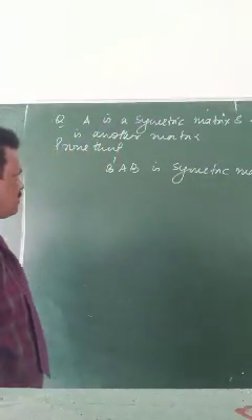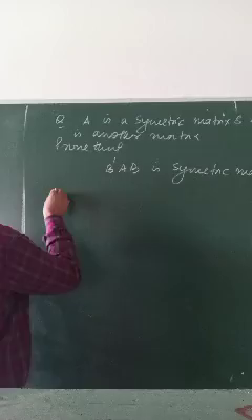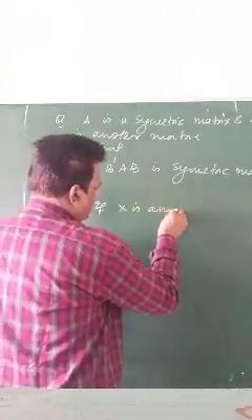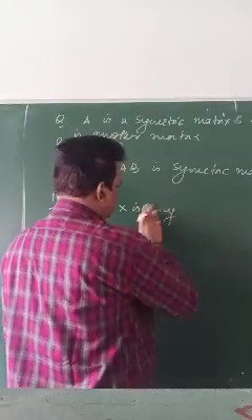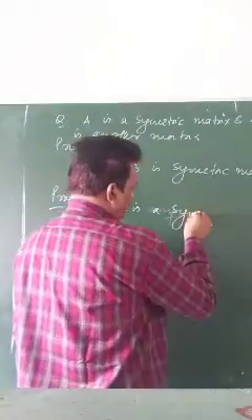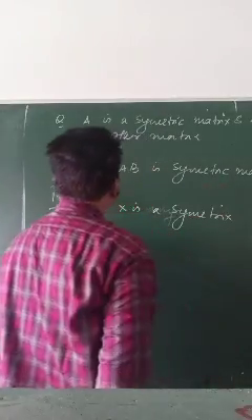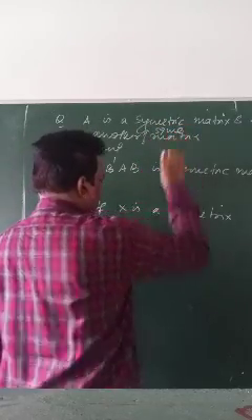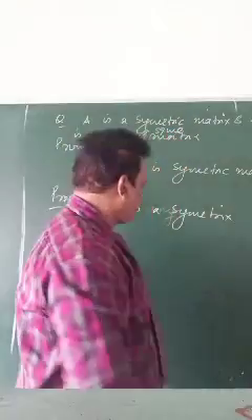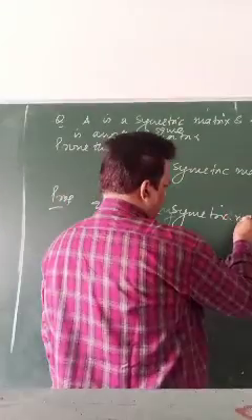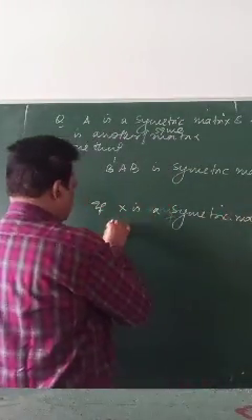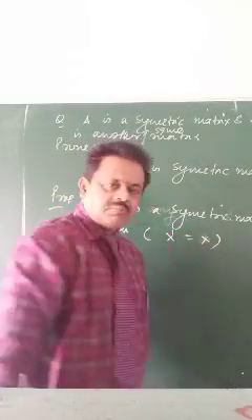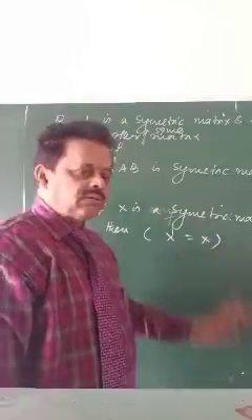Now look. First you remember, if X is a symmetric matrix, remember it is a square matrix, then X transpose equals X. This definition you have to remember: transpose of the matrix should be equal to the matrix.